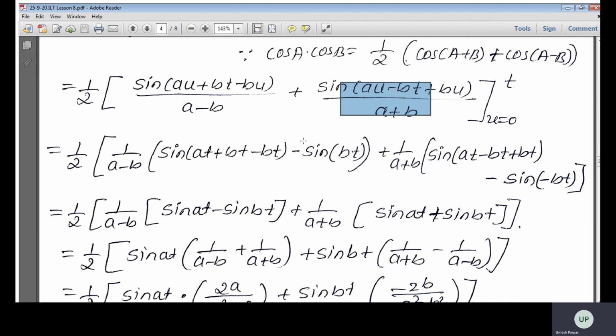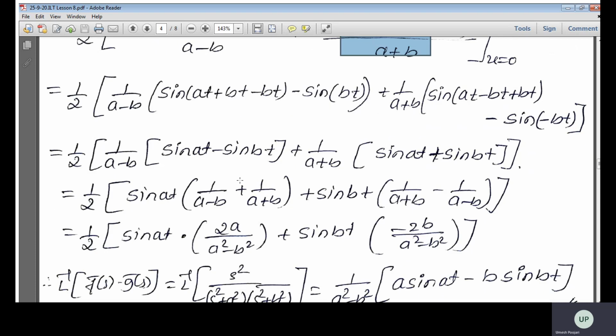Now bt minus bt will be 0, remaining term is sin at minus sin bt. Plus, in the second case, 1 by a plus b outside, sin at, here sin of minus bt is there. You know that sin of minus theta is minus sin theta because sin is an odd function, so minus into minus, plus sin bt. Now here sin at, sin at, so we can take sin at common.